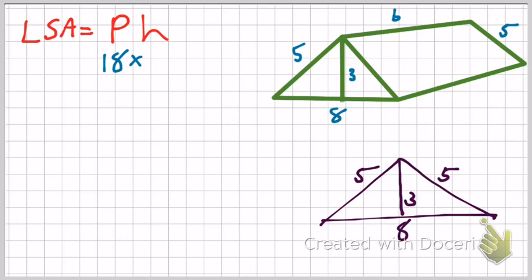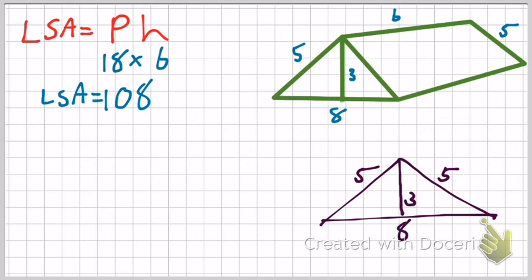The distance from base to base. 3 is how tall the triangle is. The distance from triangle to triangle is 6. We have to be able to see that. That's a common mistake that'll cost you to miss problems. So, 18 times 6 is 108. That would be our lateral surface area.